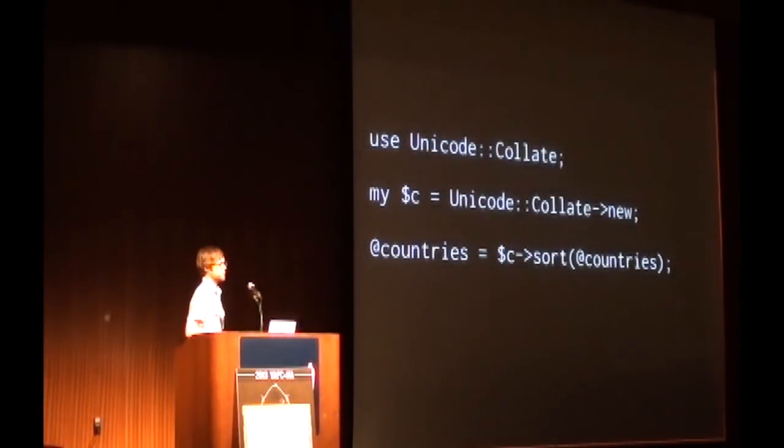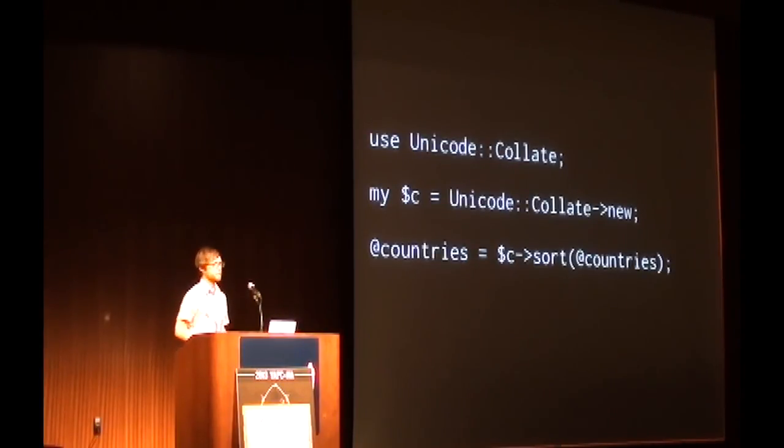By using Unicode Collation. Unicode defines a standard Unicode Collation Algorithm, the UCA, and it's actually bundled with Perl core. First, you instantiate your new collator object, and then with that, you have the sort method, and you can sort a list or array and return the sorted content.